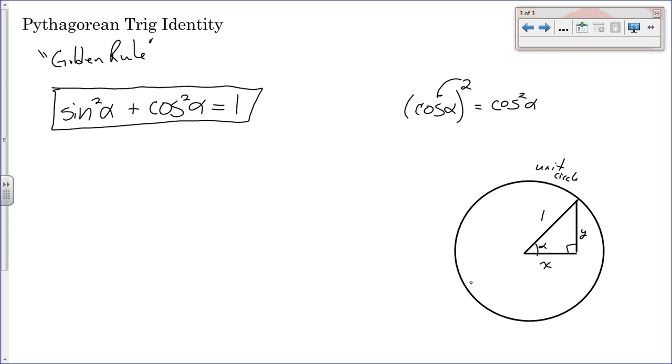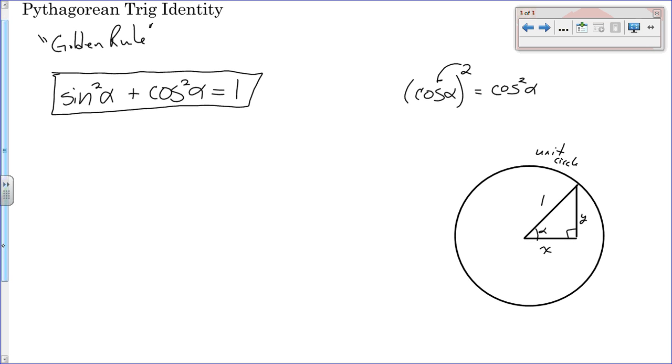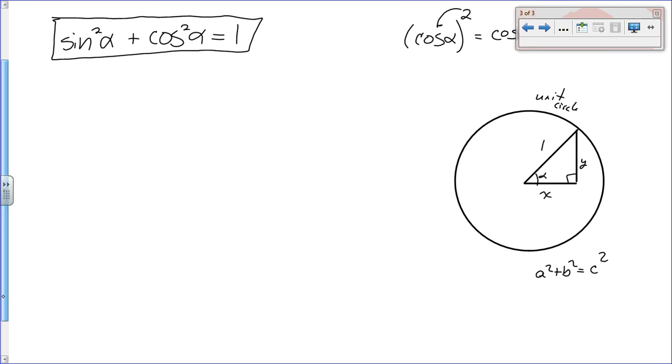And this is also why they call it the Pythagorean trig identity. Imagine that, the naming actually makes sense. Because to find the length of the hypotenuse, you're going to use a squared plus b squared equals c squared, or, in this case, x squared plus y squared equals 1.